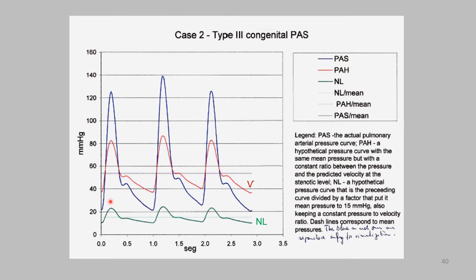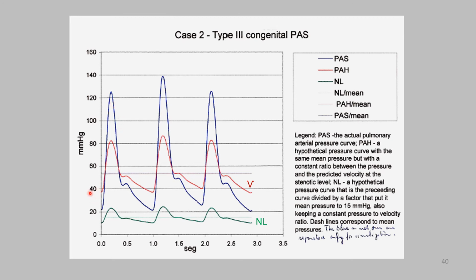Then what I did was take the square root of this pressure curve, keeping the mean pressure of the curve equal to the mean pressure of the original data. So in this scale, I'm taking away the quadratic relationship. From the blue, the obstruction is proportional to the kinetic energy.